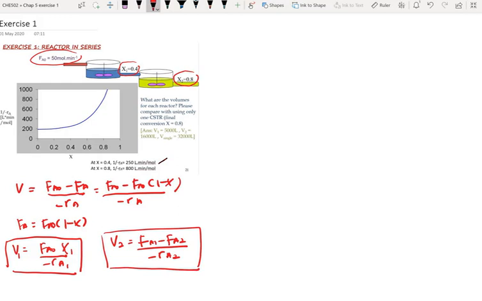If you represent it in this graph, it is a box. This one can also be further simplified. I hope you agree with this equation: FA1 is equal to FA naught (1 minus x1), and FA2 is equal to FA naught (1 minus x2).